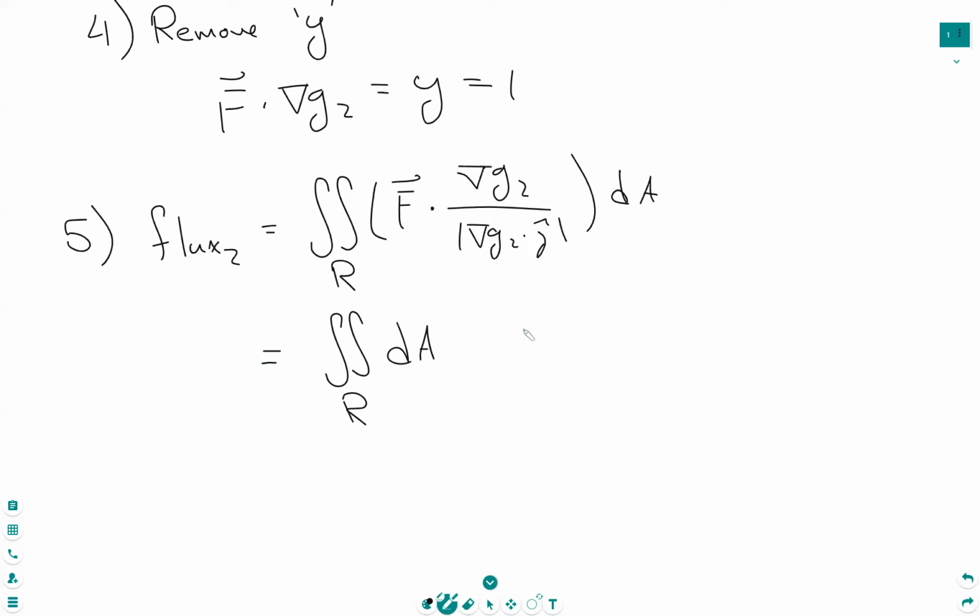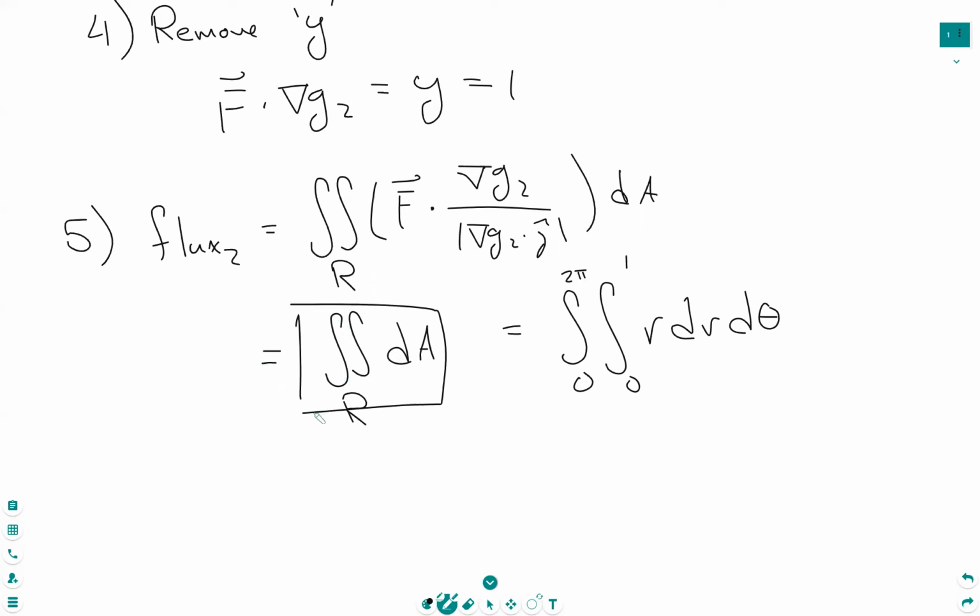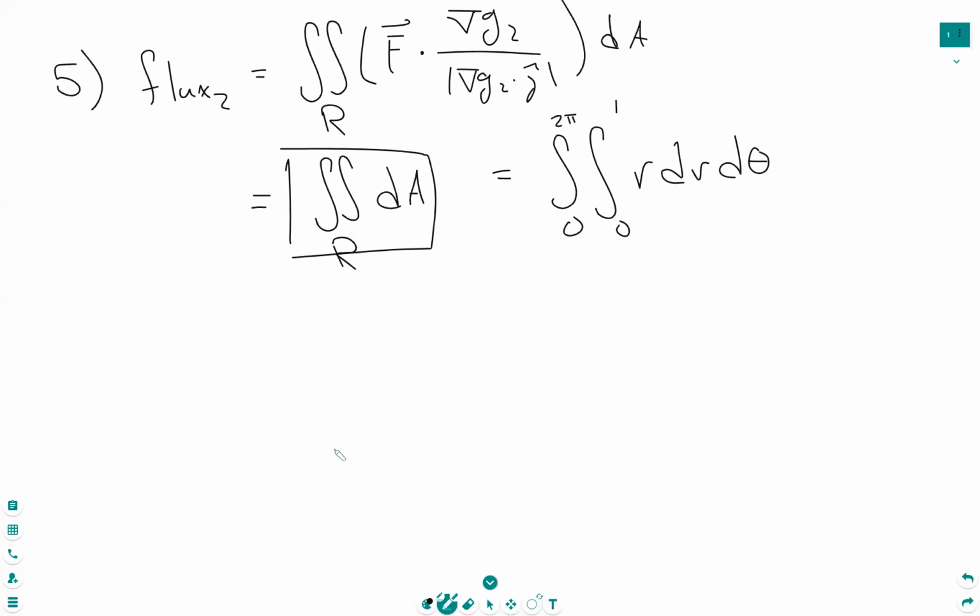So we could do this in polar coordinates, from 0 to 2 pi, 0 to 1 of r dr d theta. Could do that. But we also know that this just means the area of the region R, which in this case, the projection was just this circle of radius 1, which meant that we have pi.